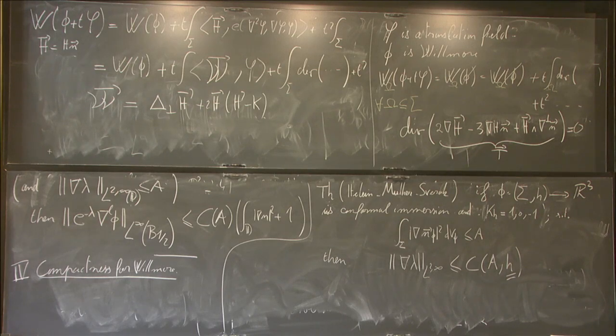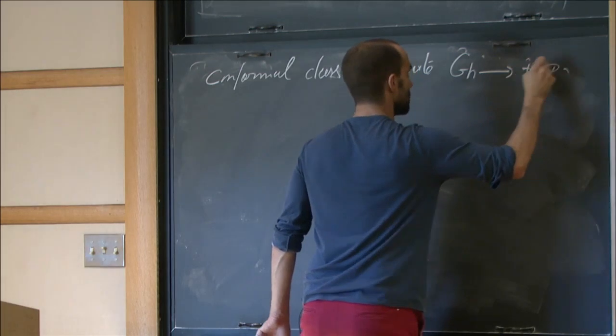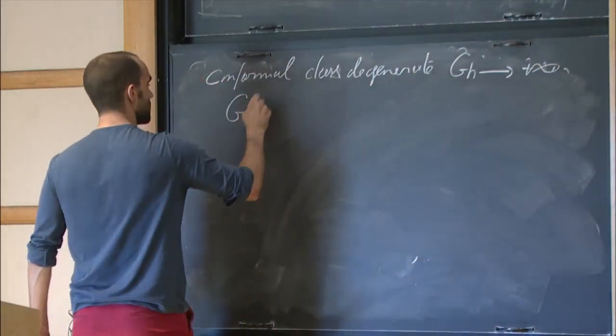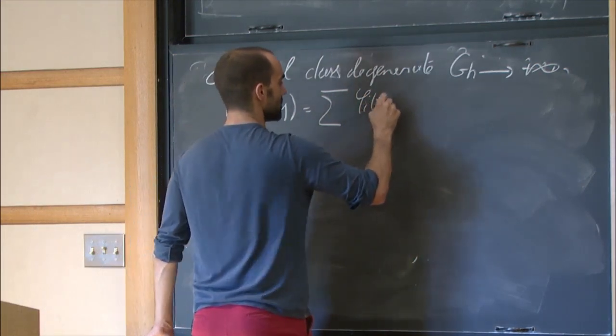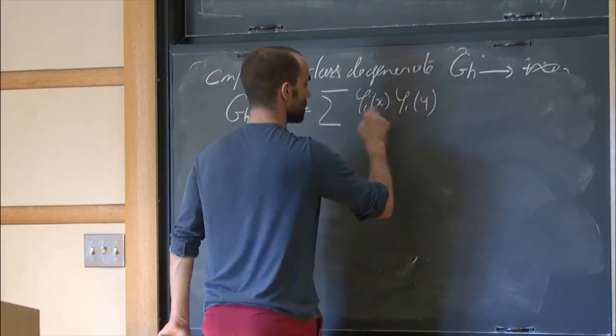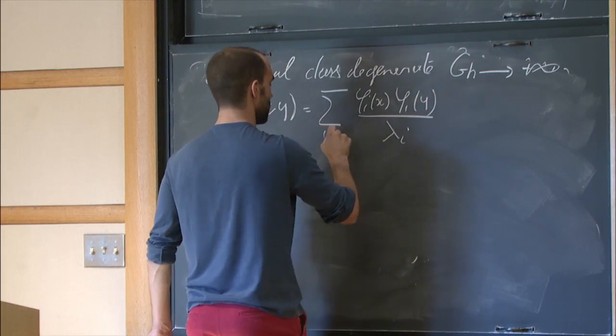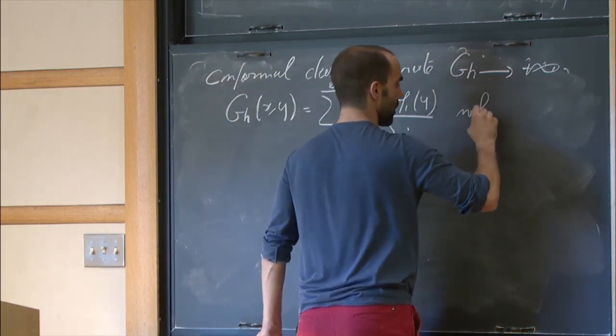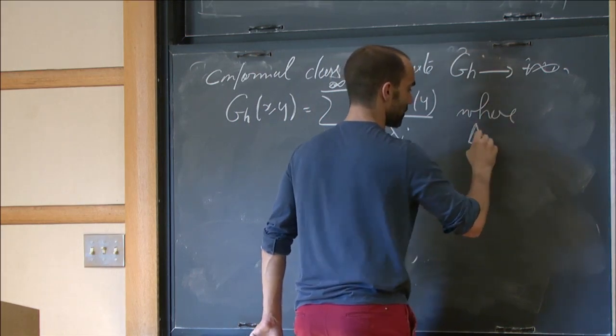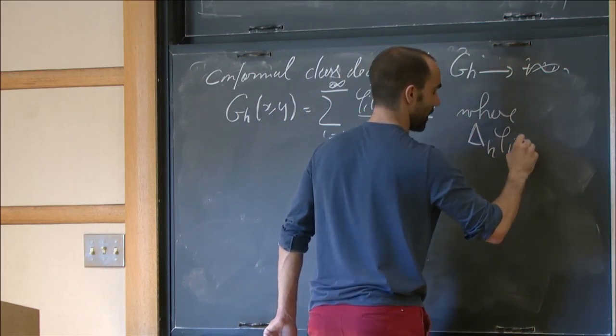For instance, if the conformal class degenerates, G h blows up, because morally speaking, G h of x y is the sum of phi i of x, phi i of y over lambda i, up to some normalization, where the phi i are the eigenfunctions of the Laplace operator.